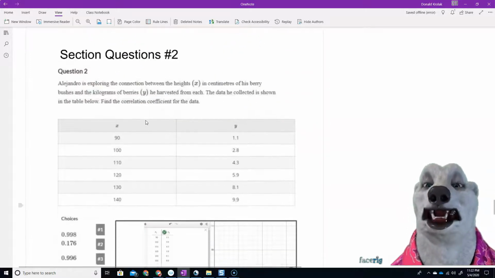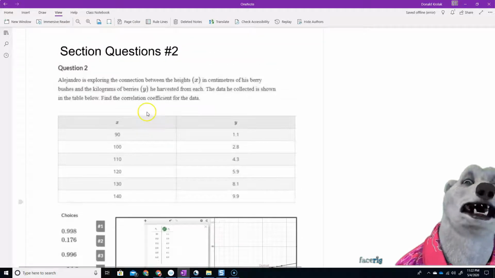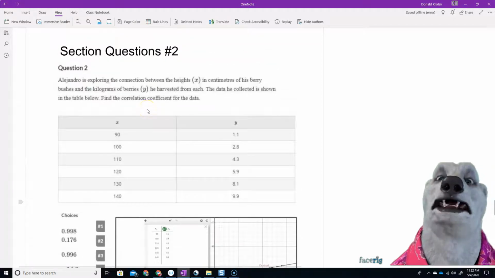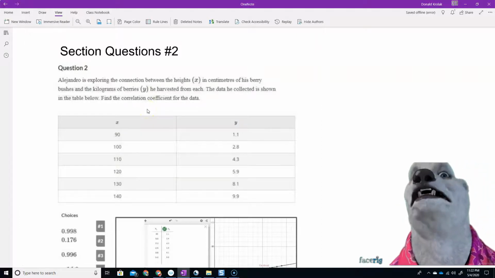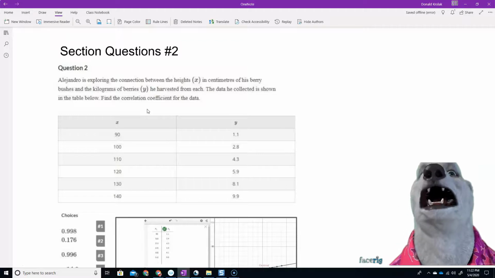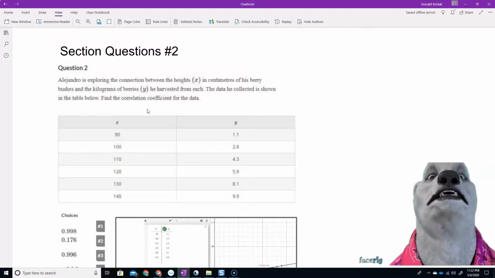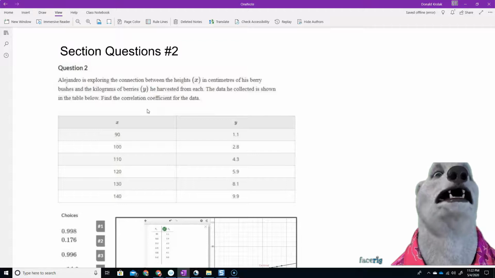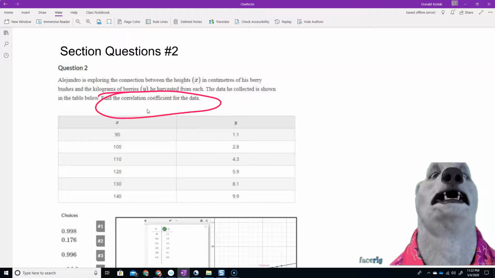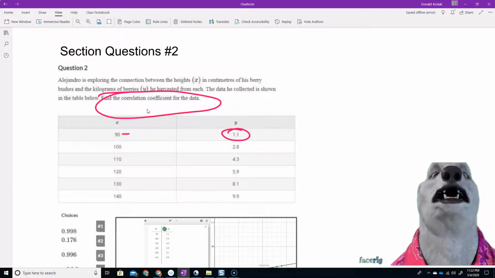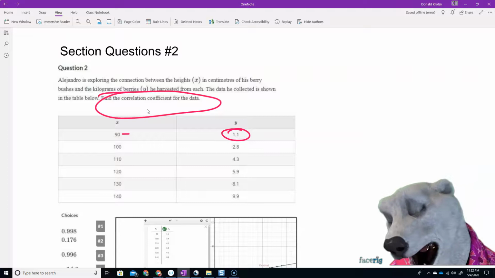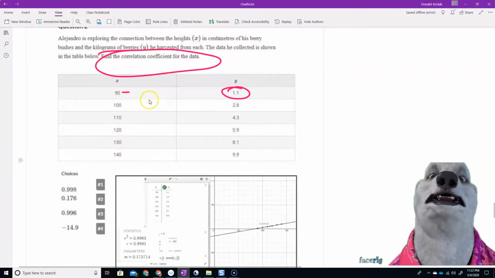Finally, the last one is just a Desmos question, guys. Alejandro is exploring the connection between the heights in centimeters of his berry bushes and the kilograms of berries he harvests from each. Data collected is shown in the table below. Find the correlation coefficient. So these are the heights, and this is the number of kilograms of berries. So you go to Desmos.